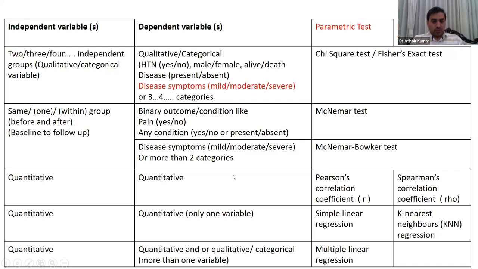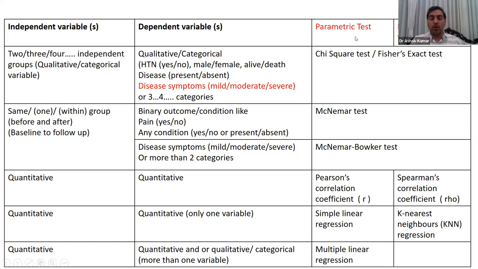Okay, and for quantitative and quantitative, we know Pearson. In the case of parametric and non-parametric, it's Spearman. And when our dependent variable is quantitative, only one variable, and if we want to predict the dependent variable due to the independent variable, we have to use simple linear regression.